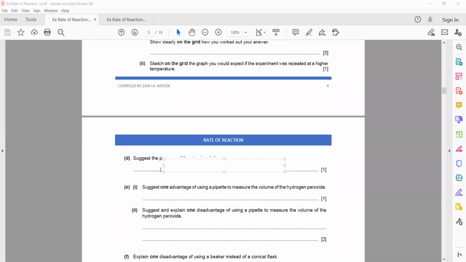Whenever any chemical reaction involves the formation or removal of iodine molecules, we use starch as an indicator. So starch shows the presence of iodine.